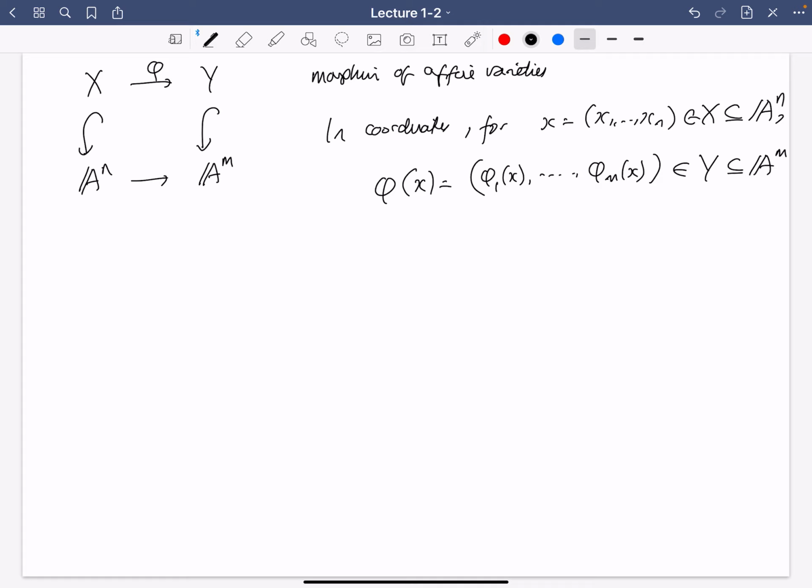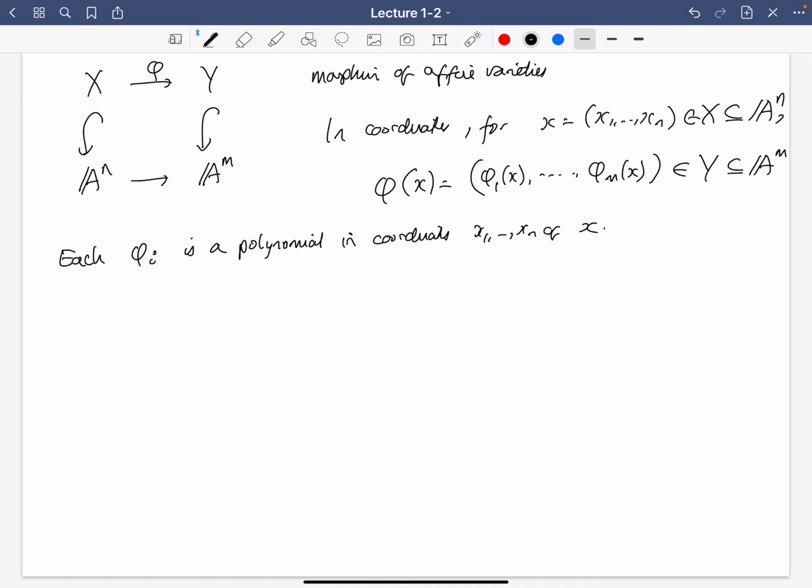And the point is that in this way of writing down the morphism phi, in all these coordinates that we've chosen, the definition of being a morphism is exactly equivalent to each phi_i, each of these coordinate functions, being a polynomial in the coordinates x1 up to xn of x.